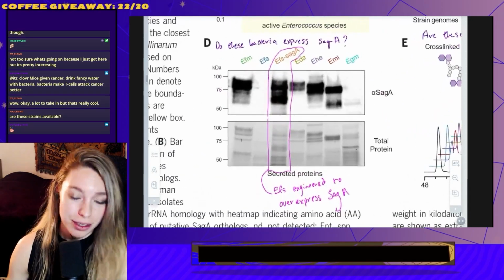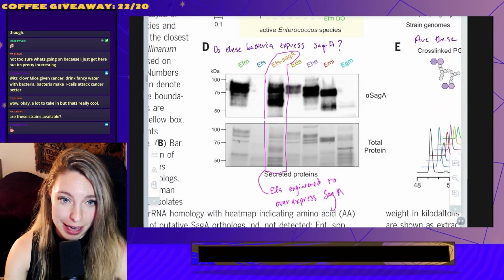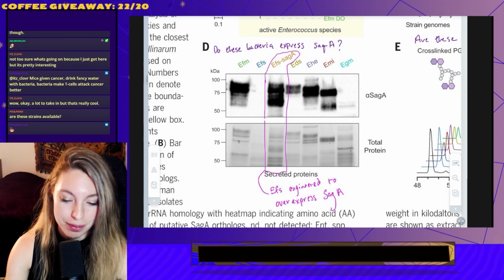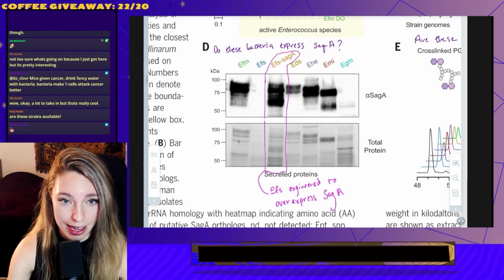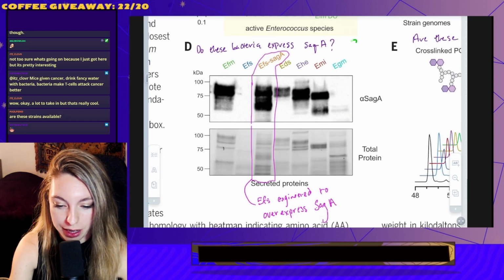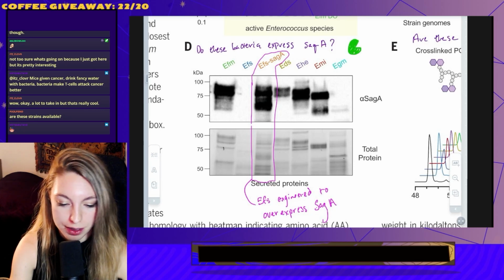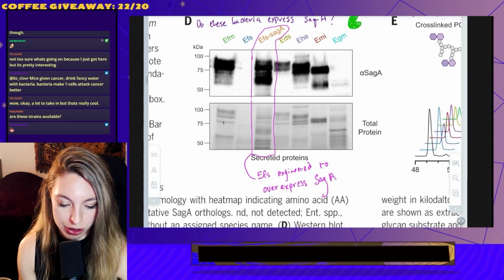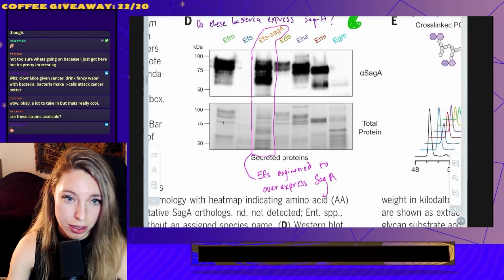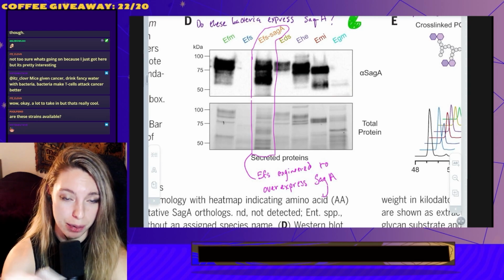So now that they've looked at the genetics of the bacteria, so they've looked at the DNA, they're now like, okay, do these bacteria actually make the protein SagA? Do they make our little Pac-Man friend? So now they're looking for the protein. Here they're looking at secreted proteins. So they basically grow the bacteria in broth.